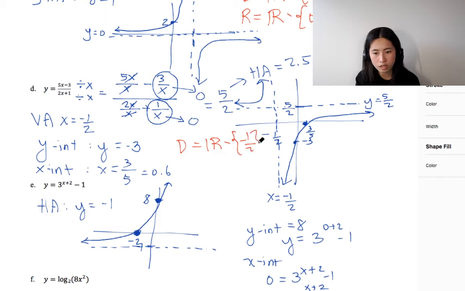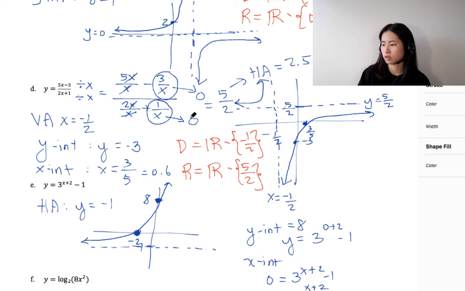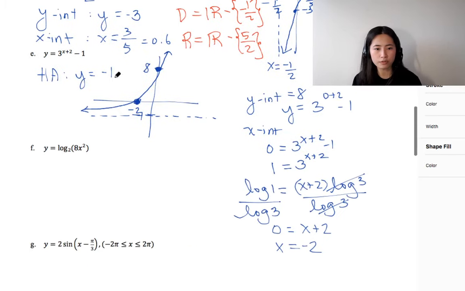And then your range is going to be all real numbers except 5/2, because your 5/2 is your y, which is your horizontal asymptote. Okay. Now, for this one, your domain is going to be all reals.